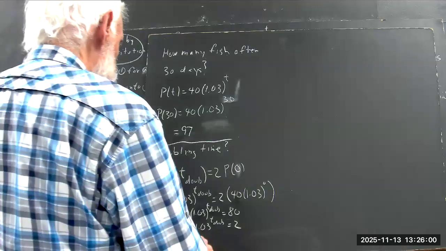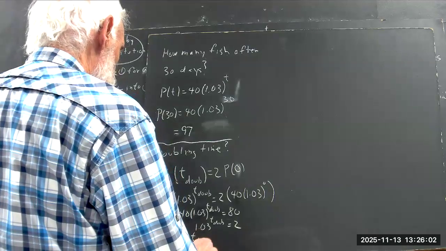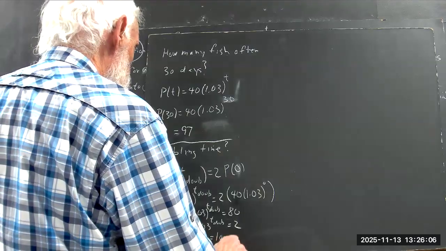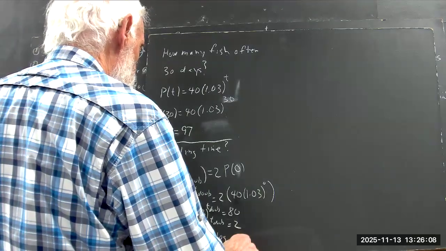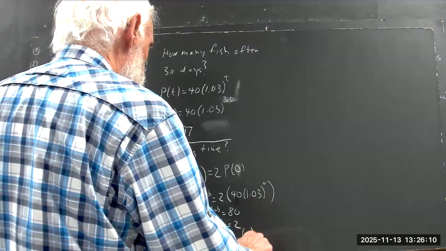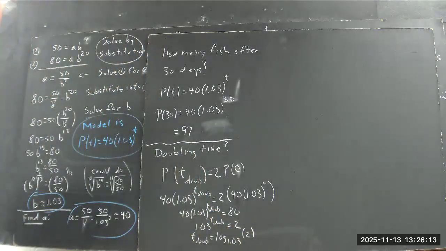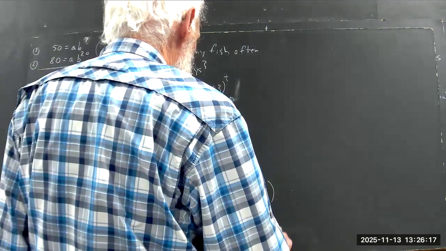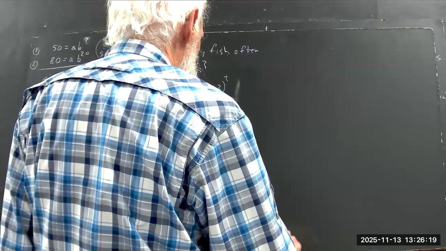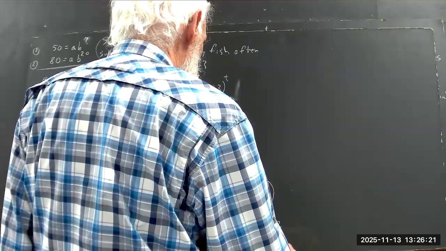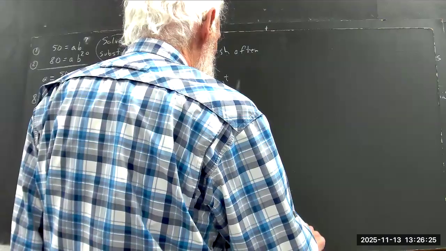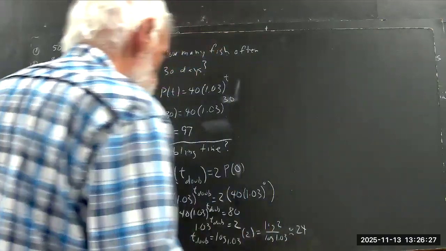So T dub equals log base 1.03 of 2, equals log 2 over log of 1.03, which I'm guessing is around 24.